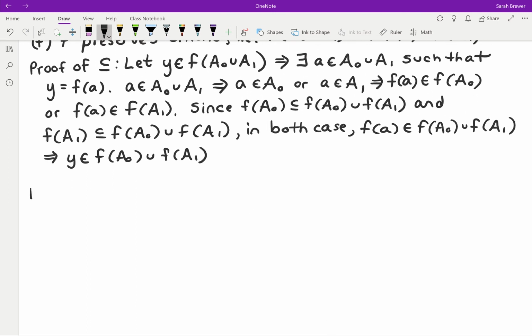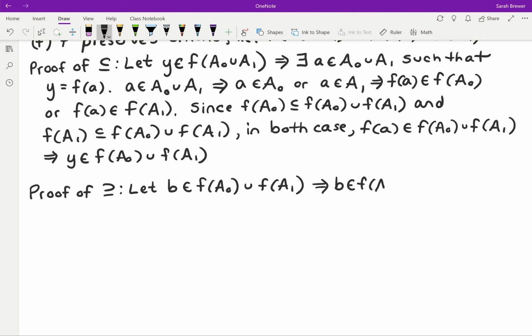So then the other direction. We're going to pick an element, I'm going to call it b, and we're going to let that live in f of A0 union f of A1, and we're trying to show it lives in the other set. Here we want to use the definition of union, and that tells us that b is in f of A0, or b is an element of f of A1.